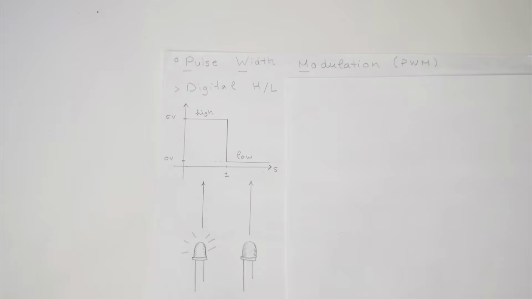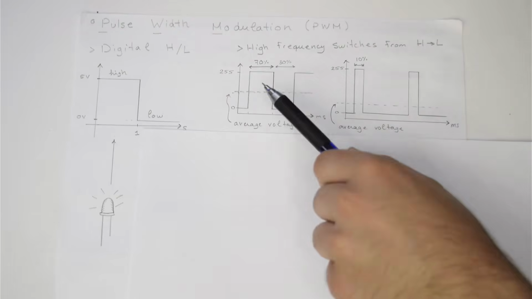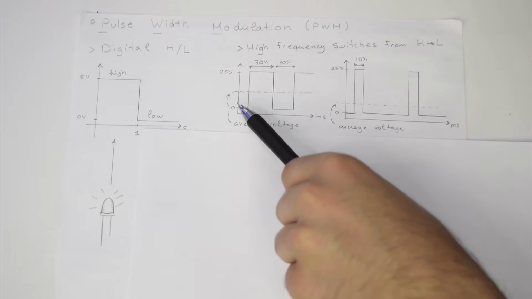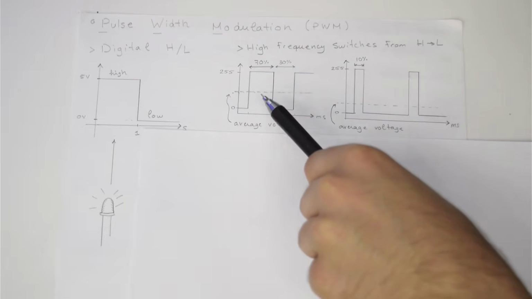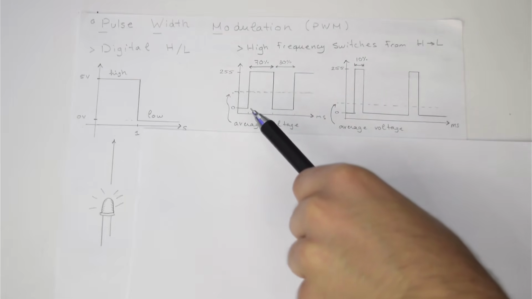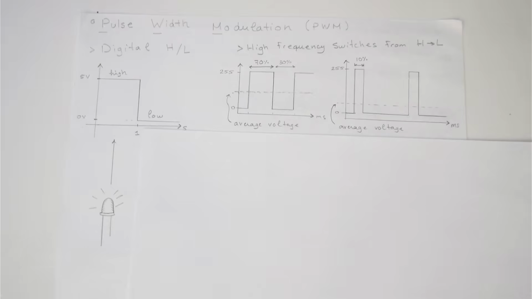Now with pulse width modulation, we can turn this LED on and off so fast that it will actually look like it's between 0 and 5 volts. Over here, I can vary the width of this rectangular pulse, and let's say it's 70%.